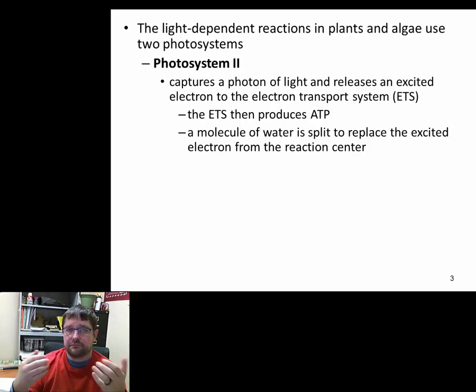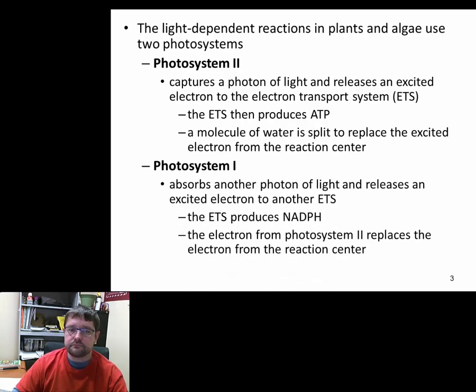That electron is picked up, moves to the electron transport system. That electron transport system produces ATP. A water molecule is split to replace that electron that was removed. And it goes on and on, as long as there's photons to be captured.